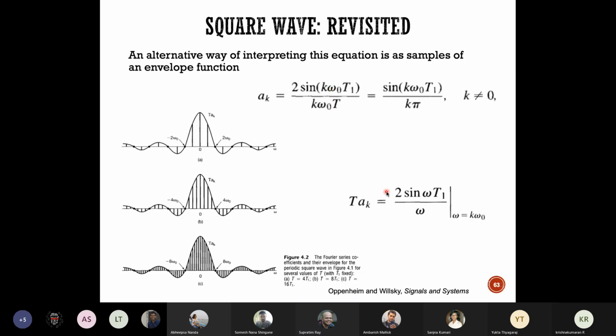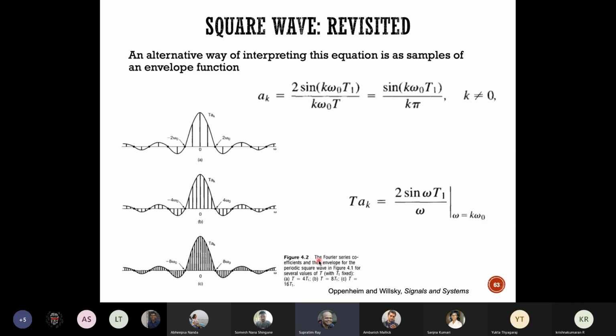So this 2 sin(omega T1) by omega could be thought of as a continuous function in the frequency domain, as a function of omega. You can think of just sampling this function at some value given by k omega naught.